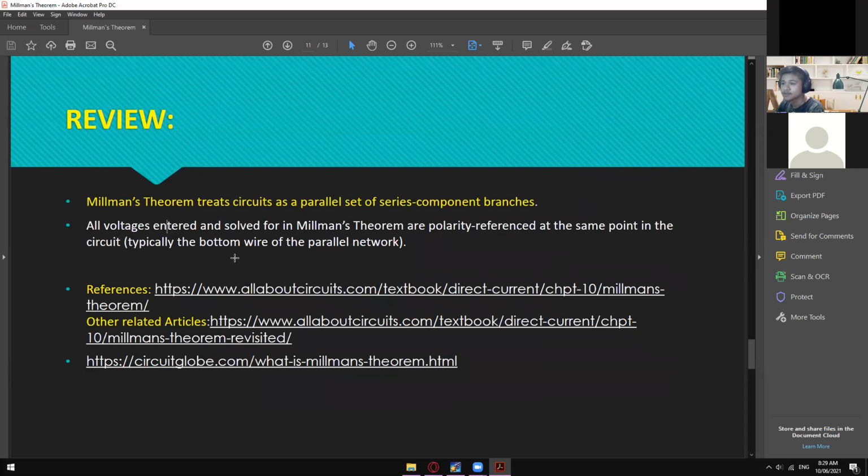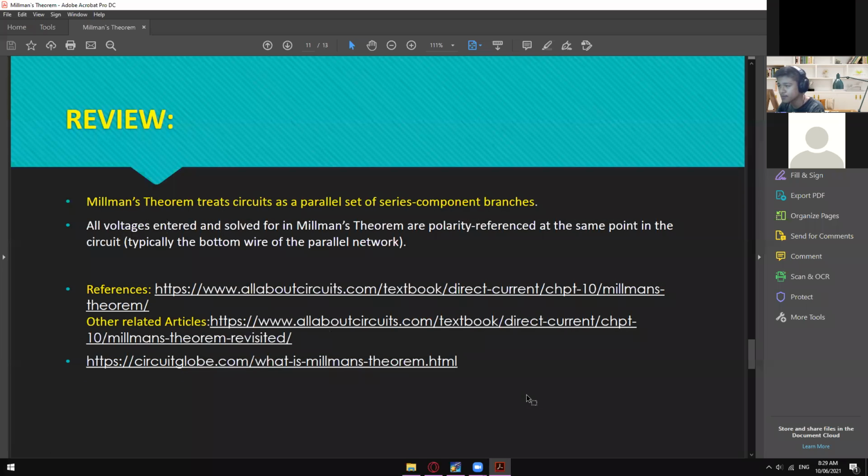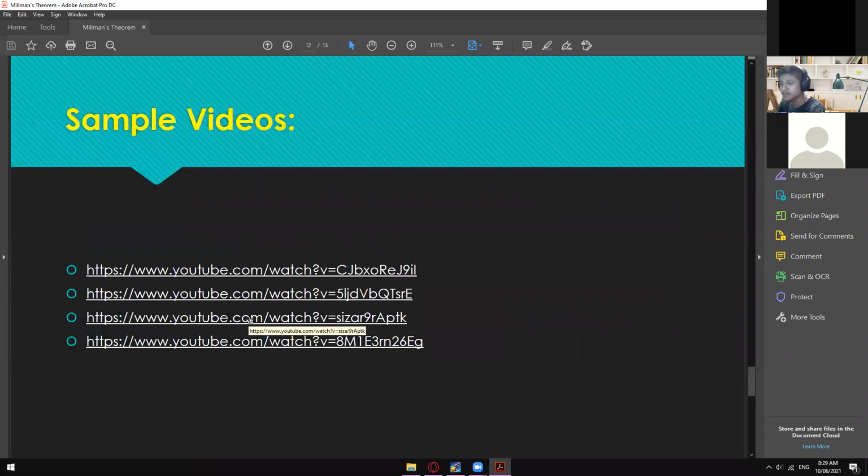Okay, so yeah, and then here's the reference. This one came from All About Circuits, and then here are the other related topics. We have another one which is coming from All About Circuits, and then we have one reference here coming from Circuit Flow. So make sure to check those other articles for more information when it comes to Millman's theorem.